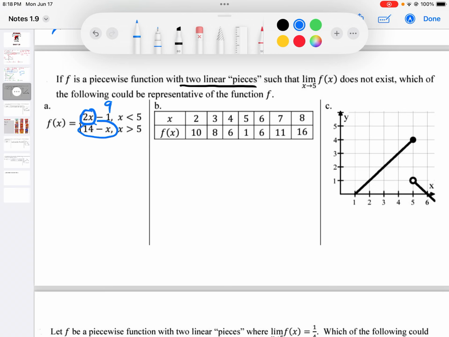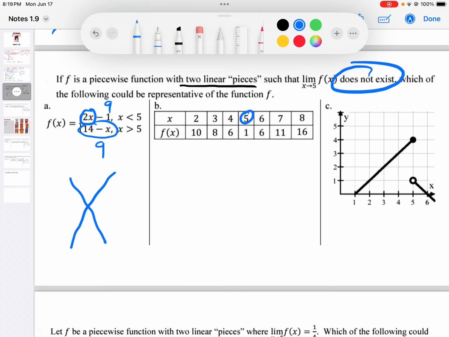So 10 minus 1 is 9. Plug in 5 there. 14 minus 5 is also 9. So the limit of this one is 9, which means it couldn't represent f because the limit as x approaches 5 of f of x has to not exist. That's what we're looking for. But that one does exist. It's 9, so it's not one of those.